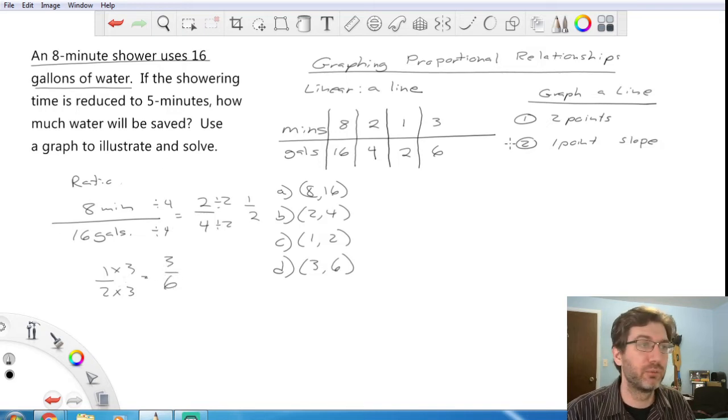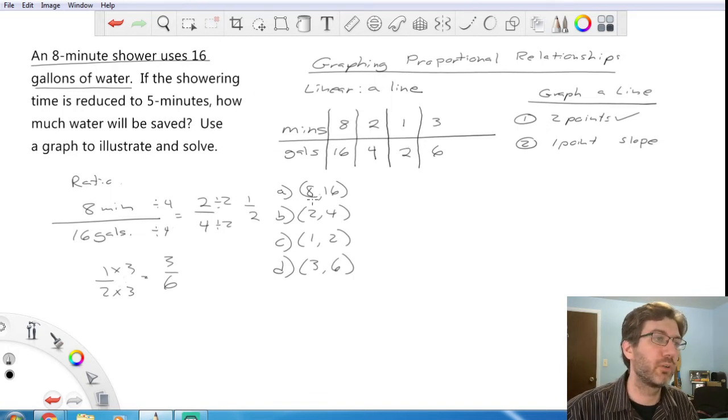But you really only need 2 points. This is how you're going to solve them. You don't really know what slope is yet, so it's not going to be a case of if I give you a slope, you can find it. But what you're dealing with is you're finding points.